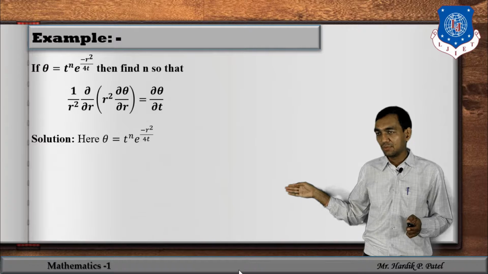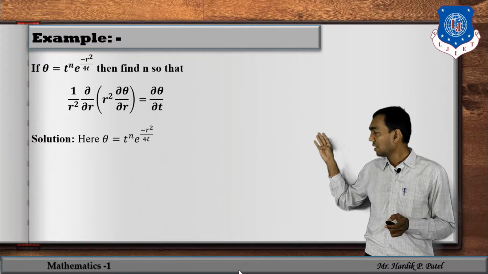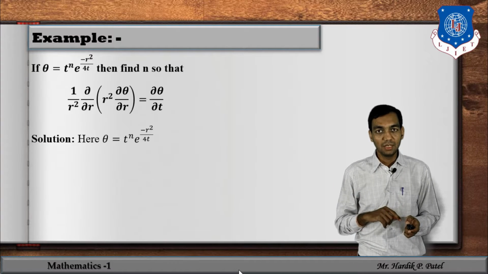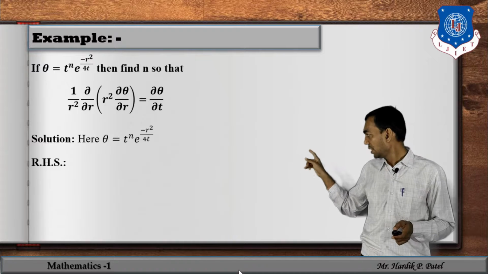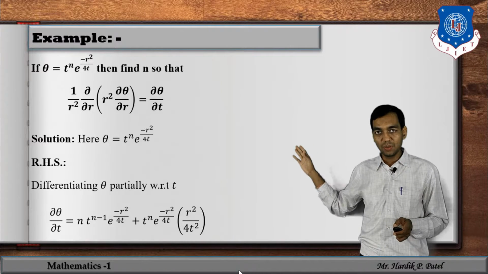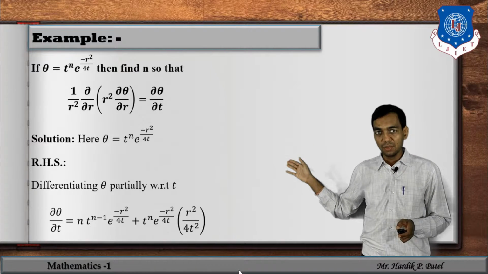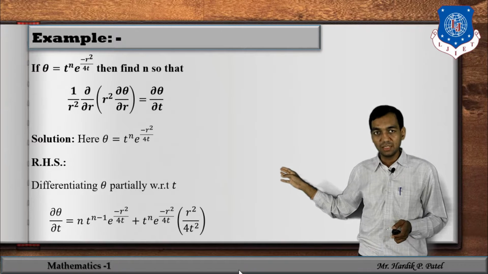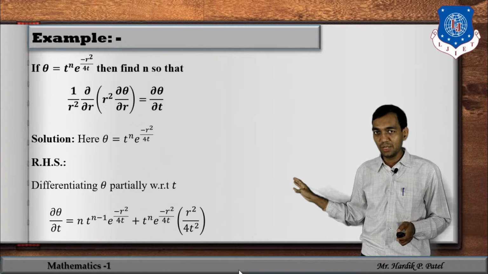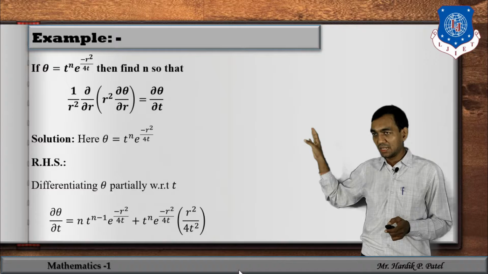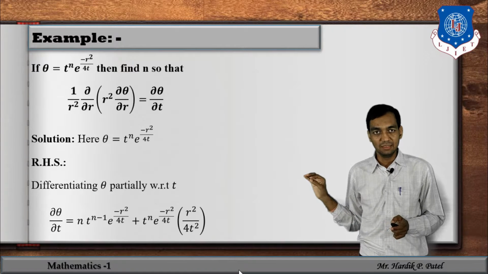So here θ is equal to t^n into e^(−r²/4t), correct? Differentiating with respect to t on both sides, we have to apply the multiplication rule. First, the derivative of t^n is n t^(n−1), and e^(−r²/4t) remains as it is.